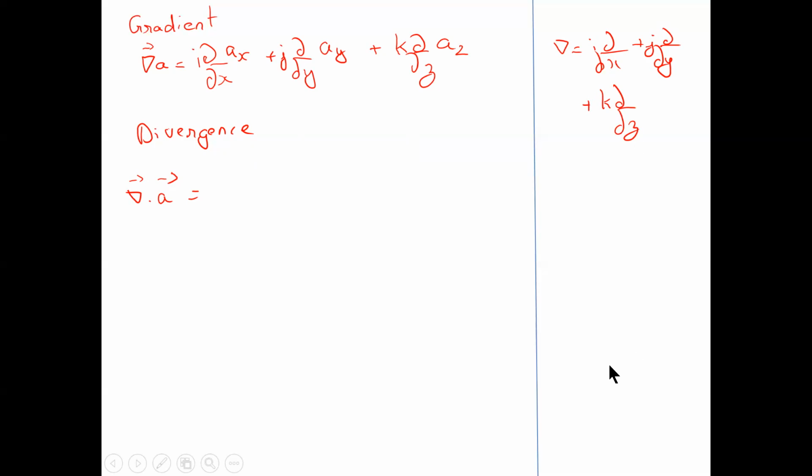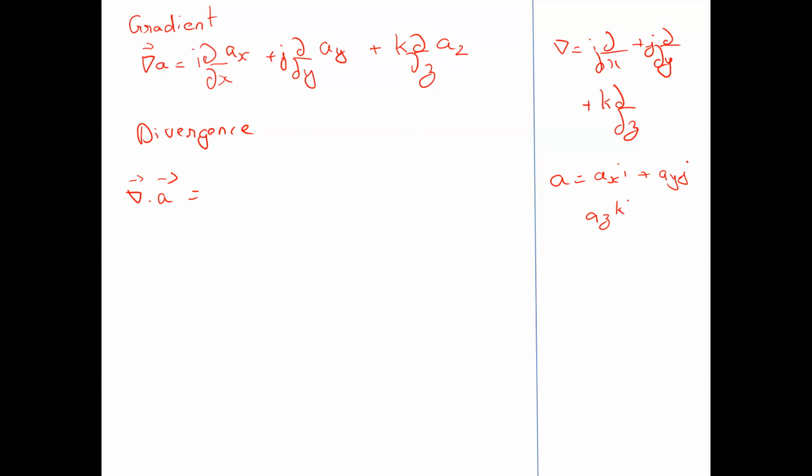You multiply that with the vector A. A vector will now have ax i, ay j, and az k.